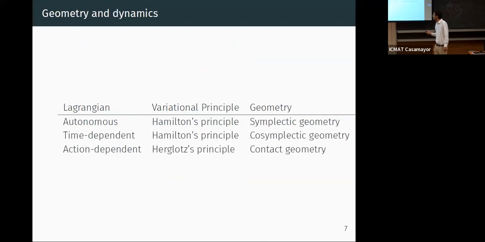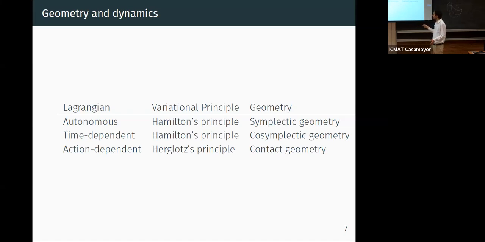Just to review a little bit: in the case that we have an autonomous Lagrangian, depending only on the positions and velocities, a function on the tangent bundle, then applying Hamilton's principle, the solutions are integral curves of a Hamiltonian system on a symplectic manifold.